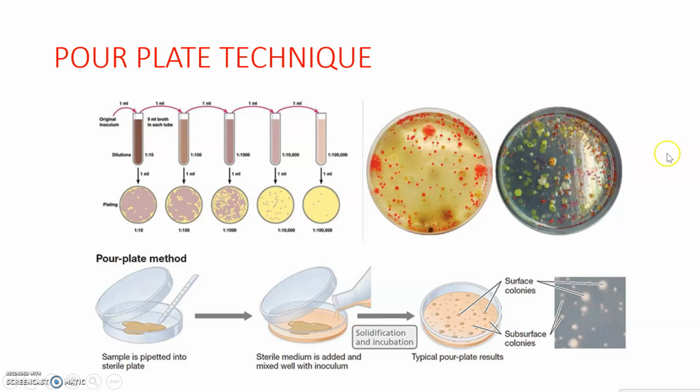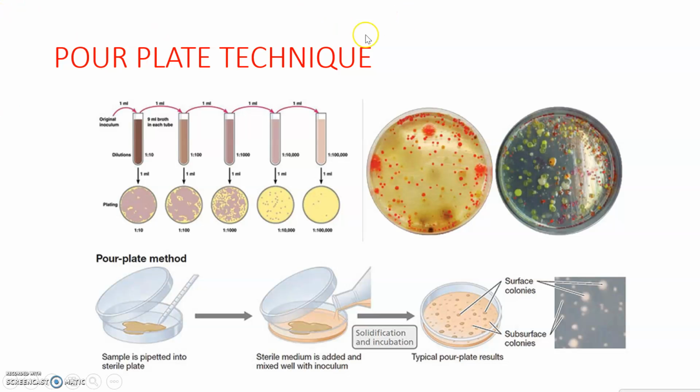This plate contains many types of colonies including bacteria of different species, fungi, etc. So in order to separate them, we perform the pour plate technique. There are different techniques, and among them, the pour plate technique.